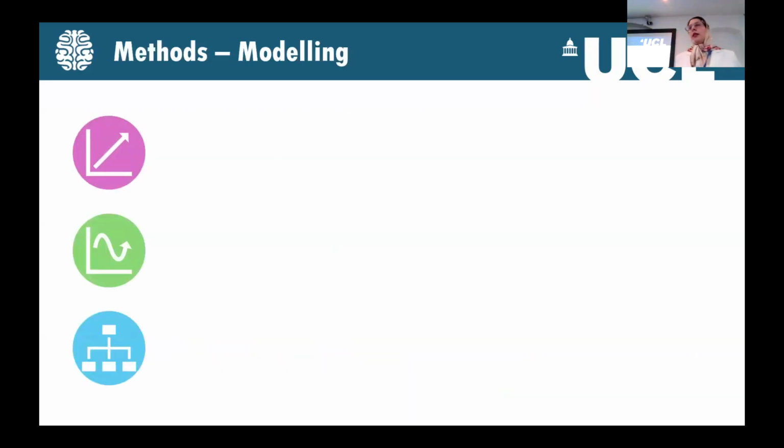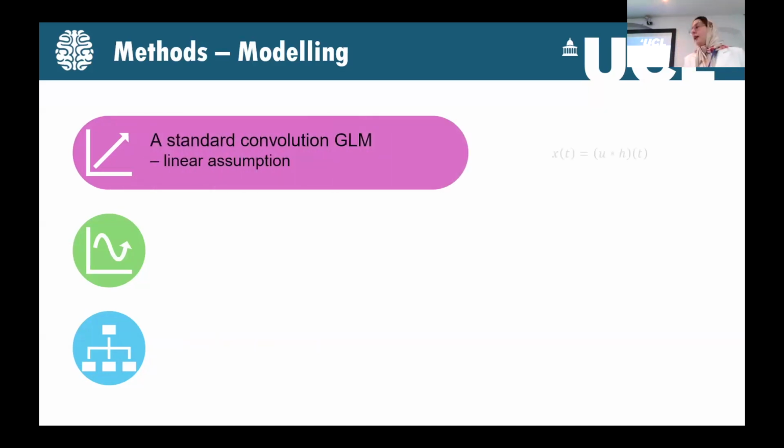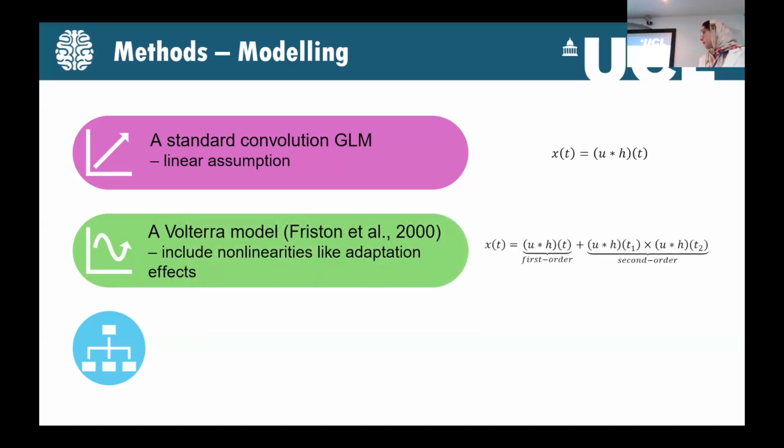And so we tested 3 different models, each with a bit of added complexity. First, we tested the classical GLM, which assumes a linear convolutional model using the canonical HRF. Then we used the Volterra model, which was introduced in the early days of SPM by Carl.